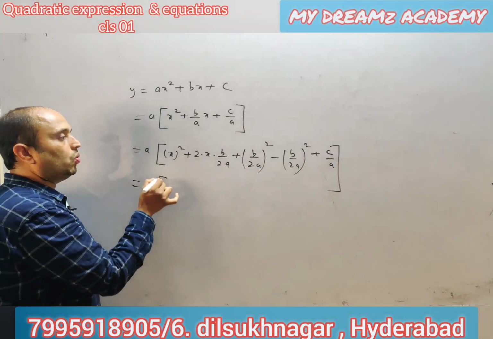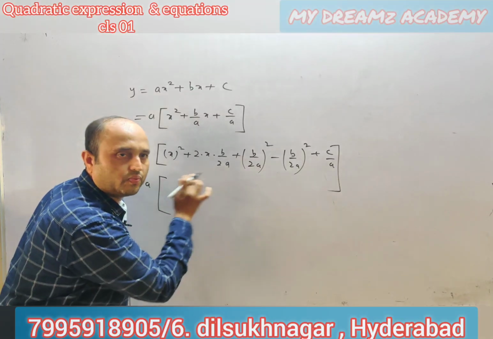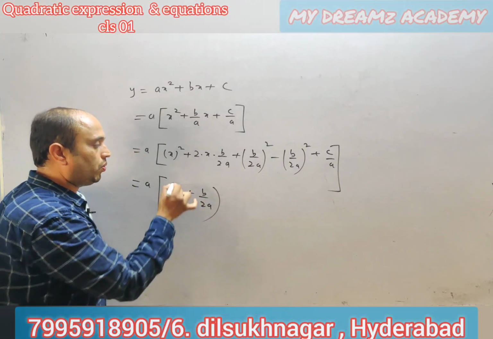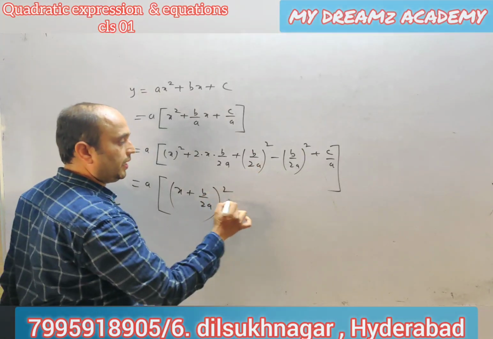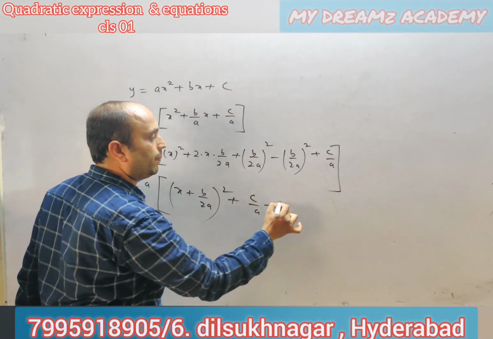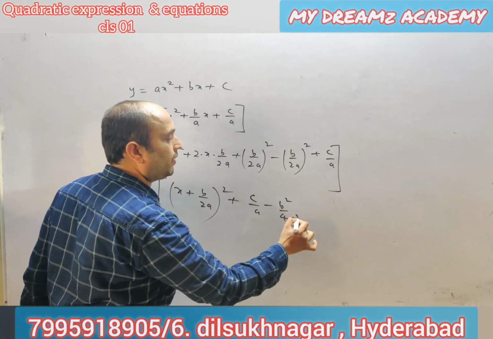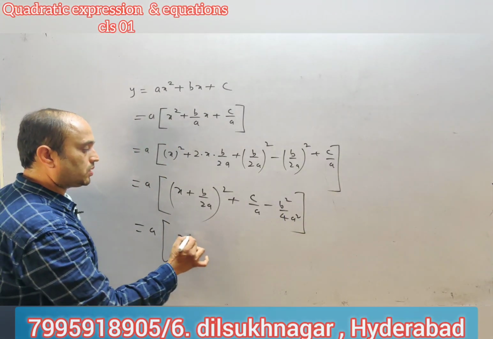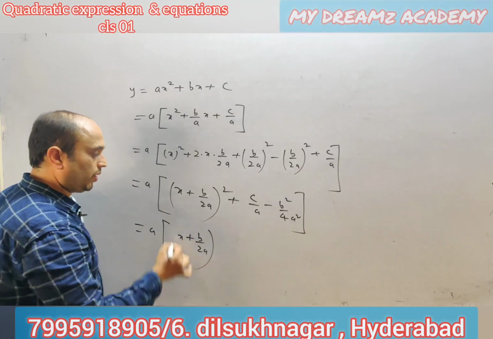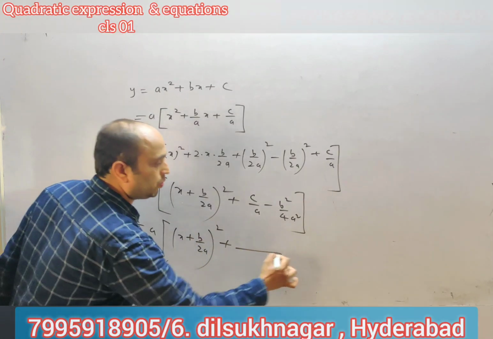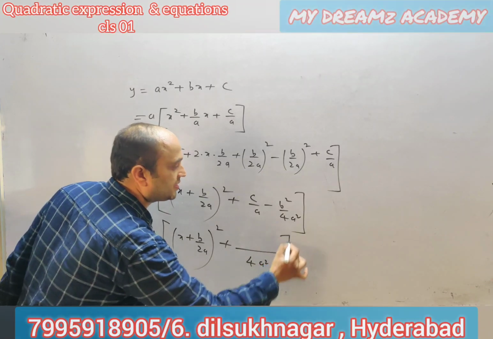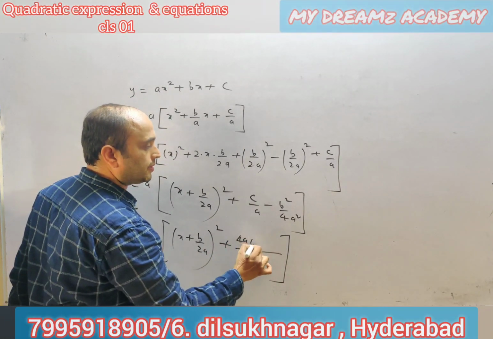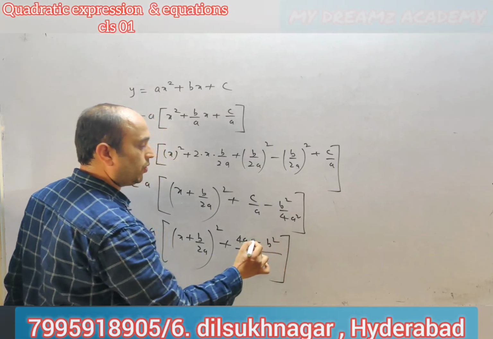So a into the first three terms are in the form of x plus b by 2a whole square. Now the last two terms are c by a minus b square by 4a square. 4a square is the LCM, so we get 4ac minus b square.